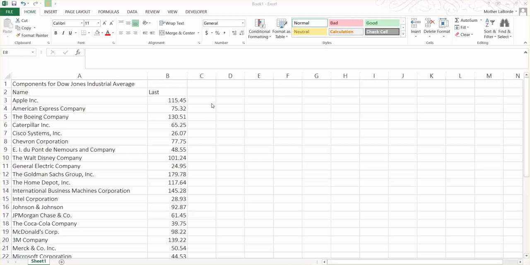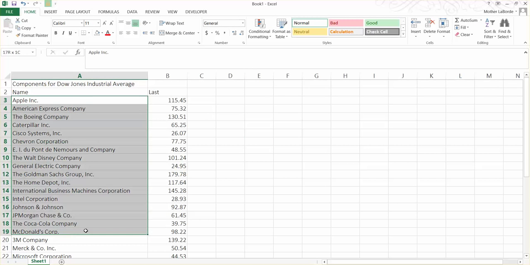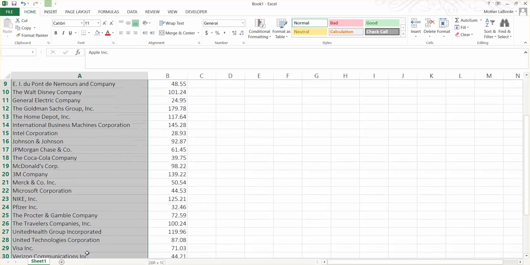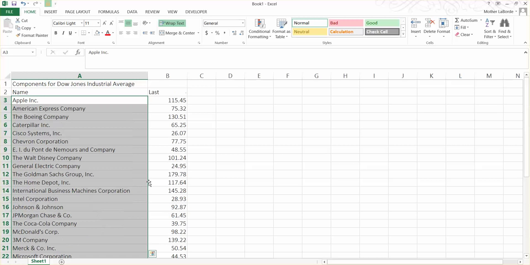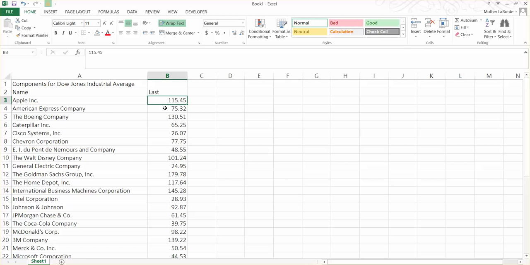Alright, what I have on screen now are the 30 stocks in the Dow Jones Industrial Average. Again, these are really giant companies, and you're probably familiar with all of them. And I have the price, the most recent stock price for each of them.